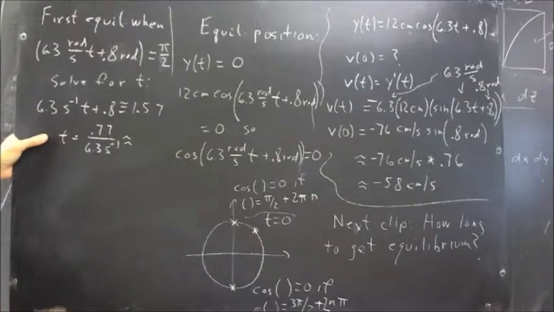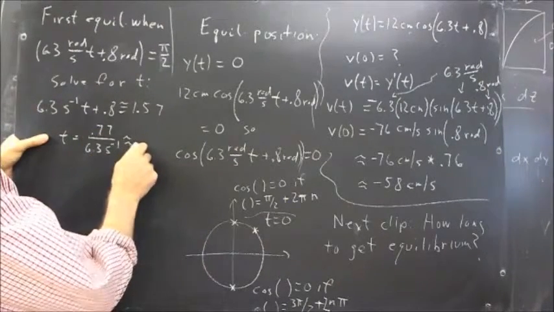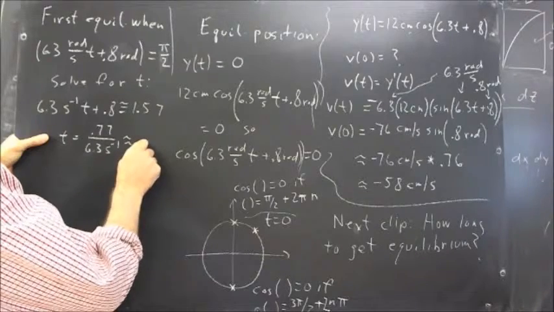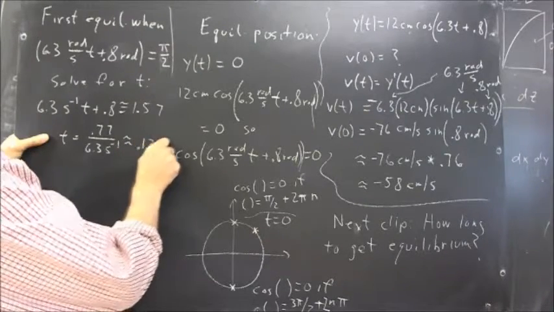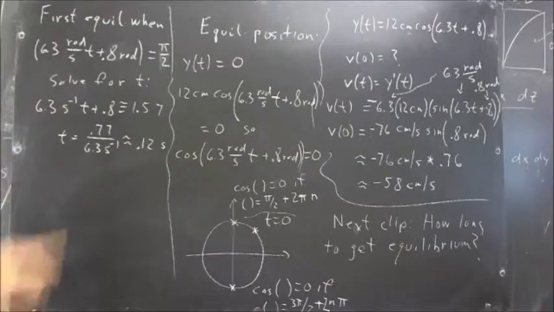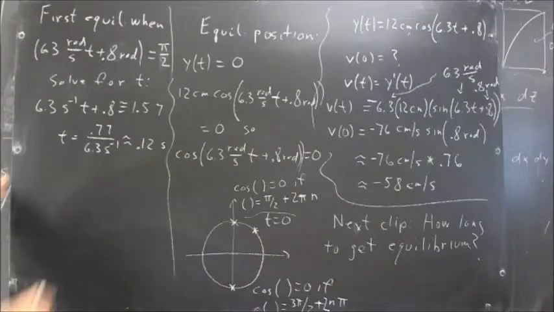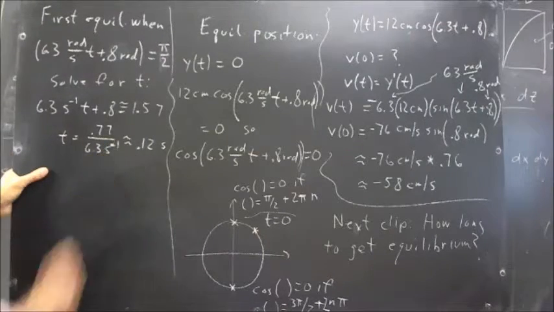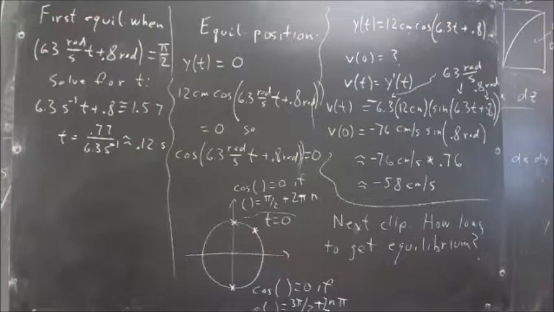That's going to equal, I'm saying, about 0.12 seconds. Okay? Now you can check my arithmetic. I'm doing these things in my head as I go, but I think that's about right. Okay? I'll kind of stick with that to the nearest hundredth of a second.